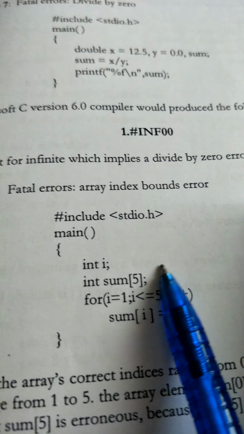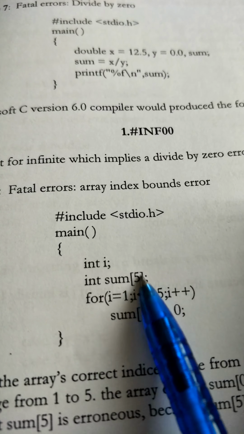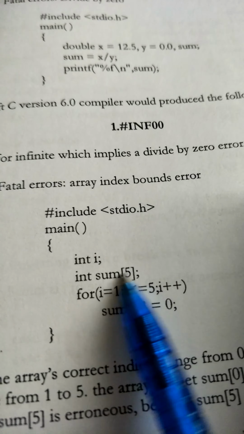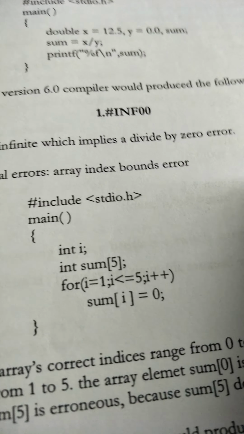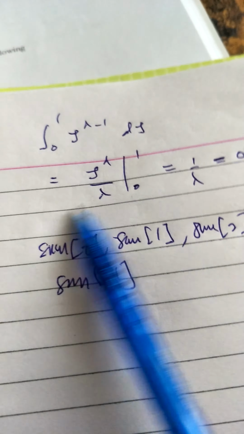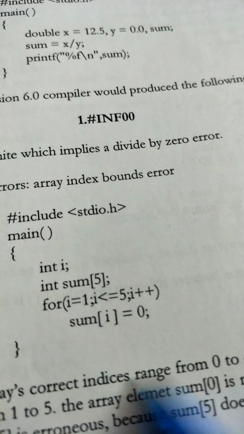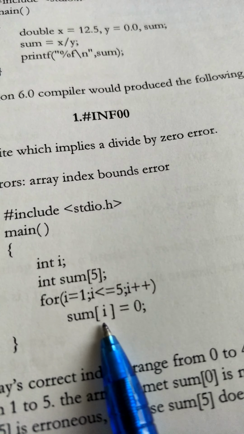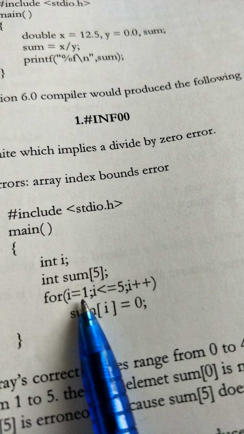Yeah, so this is with size 5. So basically we have 1, 2, 3, 4, 5. It begins with 0. But if you look at where we call sum here, there are two problems. The first thing is that I begins with 1.